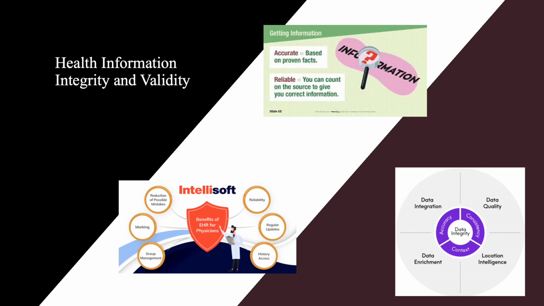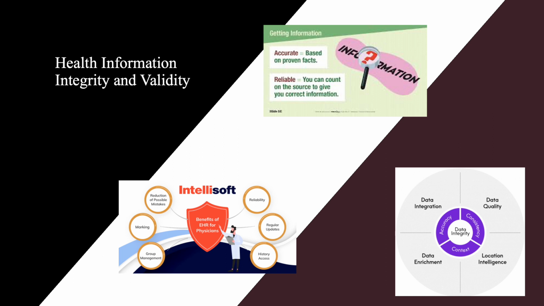On this slide, we're going to talk about health information integrity and validity. And this is one of my main points in my essay and how it is important for patient outcomes. And so, on the right bottom corner of this slide, there is data integrity.